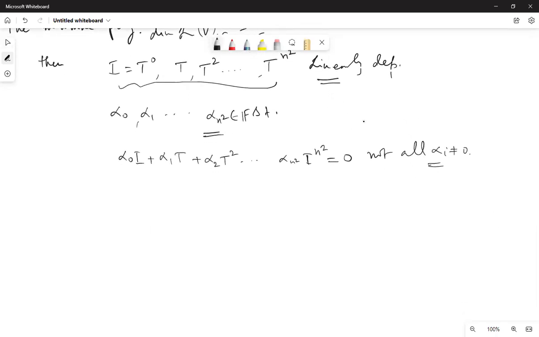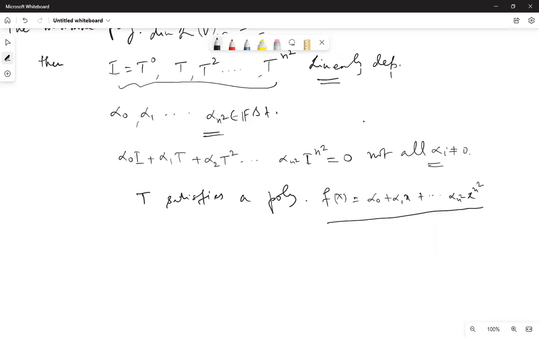This immediately tells me that T satisfies a polynomial f of x given by alpha naught plus alpha 1 x and so on up to alpha n square x to the n square.